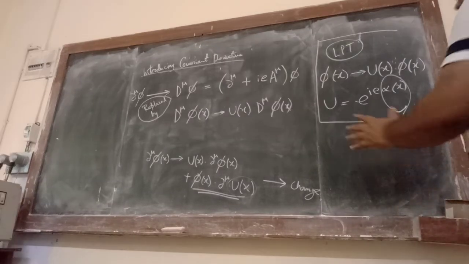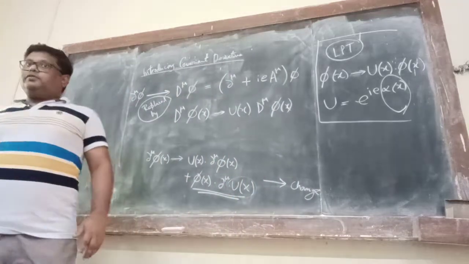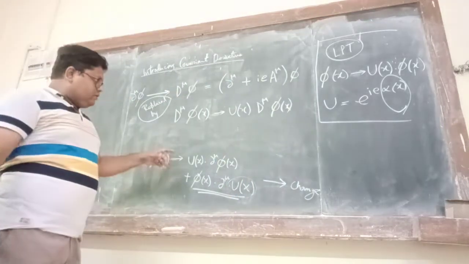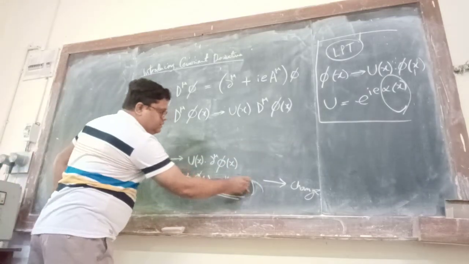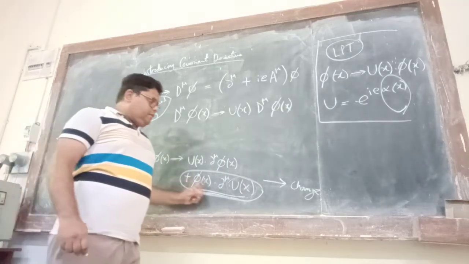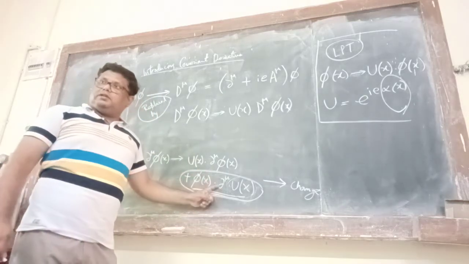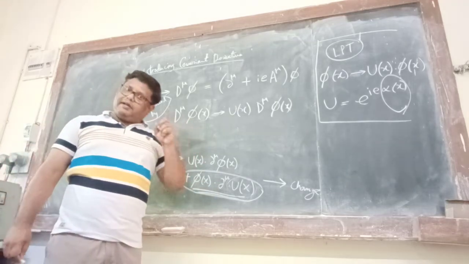Now, what is the way out? You see, physicists are very clever people. So you see, the problem is this term. As I have already pointed out before, due to this term we are observing the change in the Lagrangian density, right?